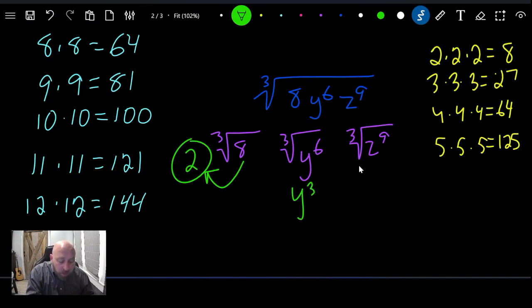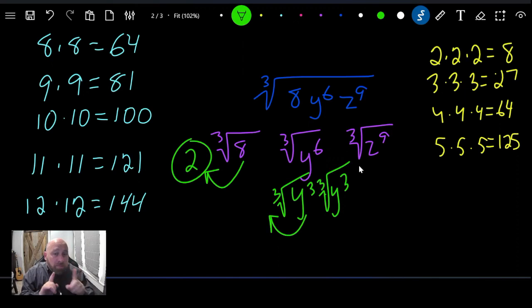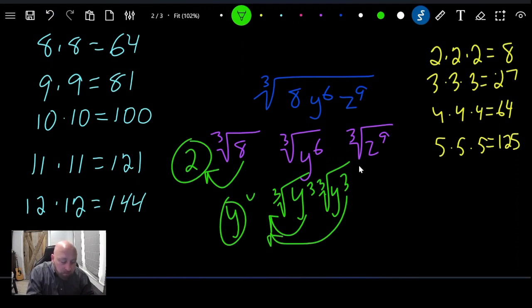So I'd have a y cubed times a y cubed, and we still have the cube root of both of those, okay? So when we have a matchy-matchy, in other words, my exponent matches my index, then one y comes out. So a y comes out of here, but look, we have another y. So we have 2 y's that come out.